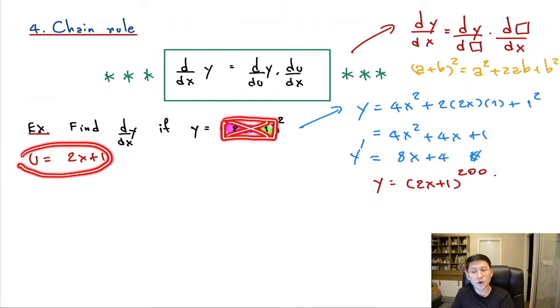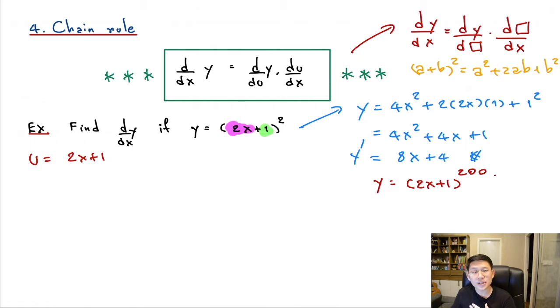Okay. So we will find the derivative of y by u first and then du by dx. I'll let u be 2x plus 1, so we have that y is actually just u squared.